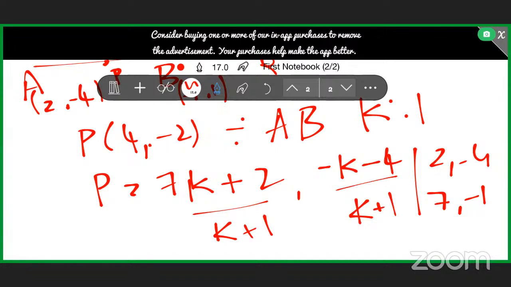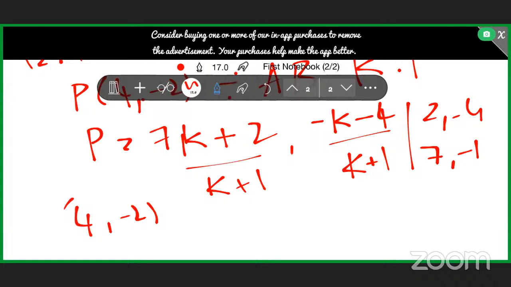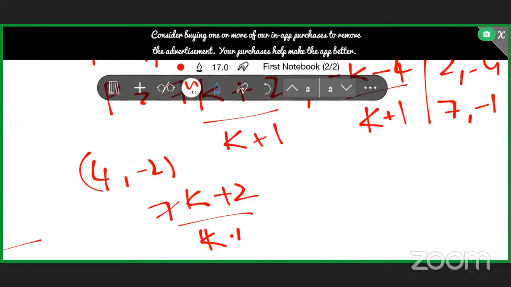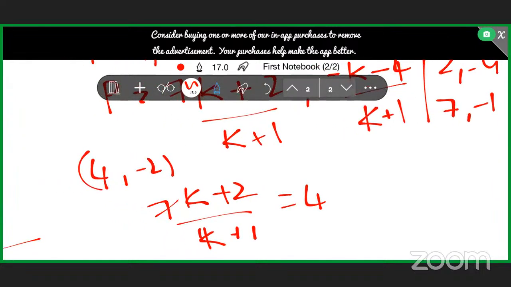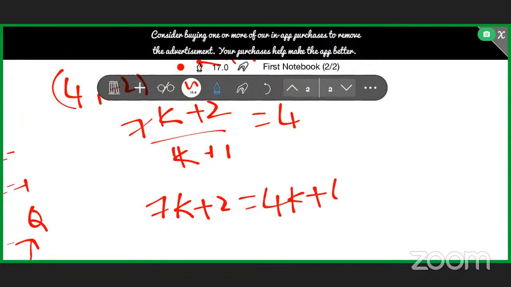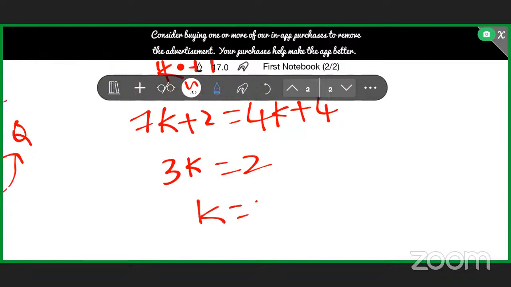Correct? Now I will equate this with P. What is my P value? P value is 4 comma minus 2. So (7K plus 2) by (K plus 1) is equal to 4. This gives 7K plus 2 is equal to 4K plus 4. Sending this to the other side, 3K is equal to 2. So K is equal to 2 by 3.